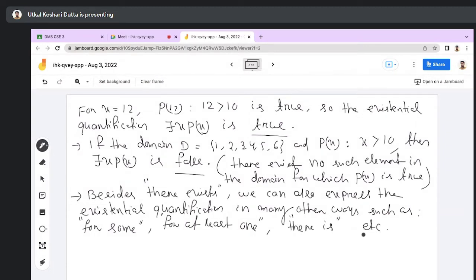These are some similar words you can use in existential quantification instead of there exists: there is, for at least one, there exists at least one, or for some. These are the similar words for there exists.